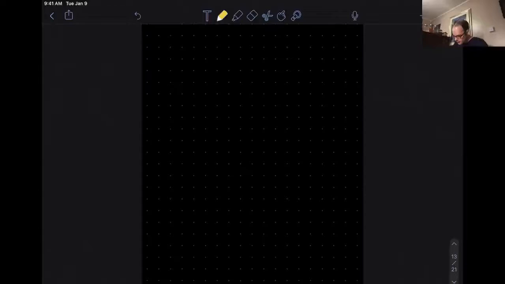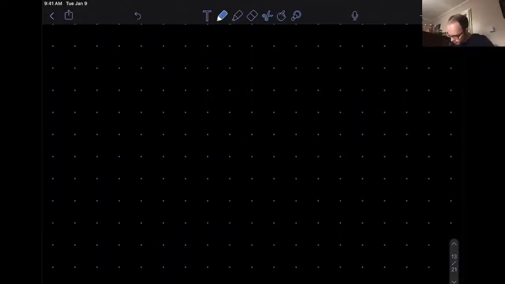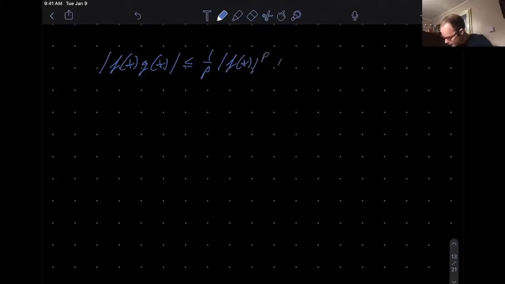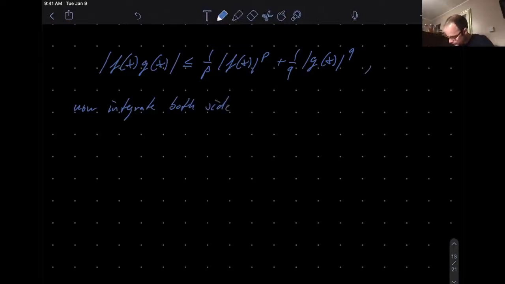Okay, so let's write it down. We have the modulus of f of x times g of x less than or equal to 1 over p times f of x to the power p plus 1 over q times g of x to the power q. This is Young, and all that you have to do is now integrate both sides from x equals 0 to x equals 1.